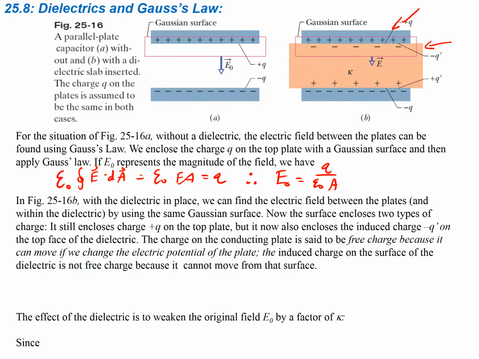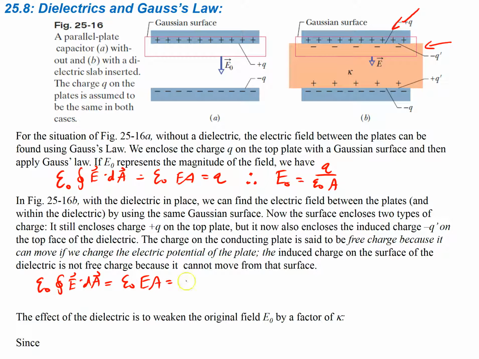All right, so if we write this out, we start with Gauss's law: epsilon naught times the integral of E dot dA is equal to epsilon naught E A. But this time our charge is going to be the difference between the charges.